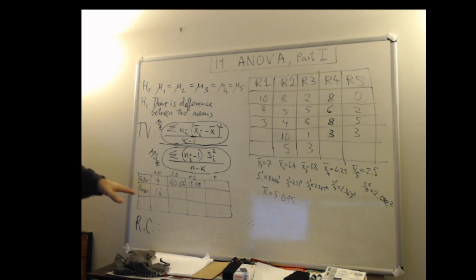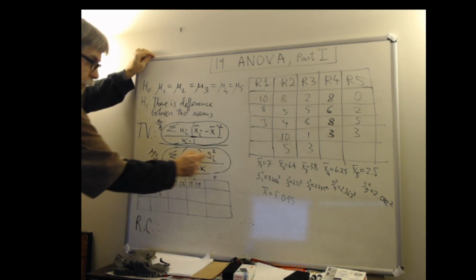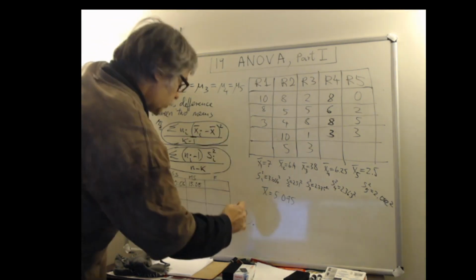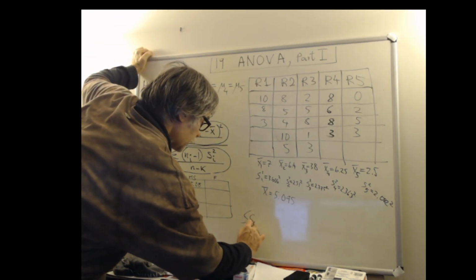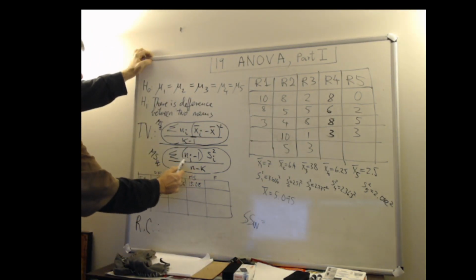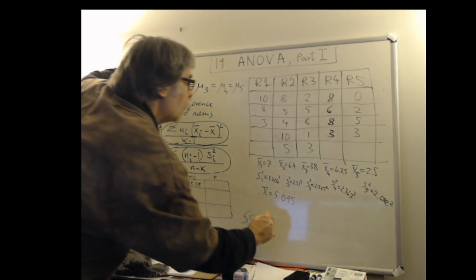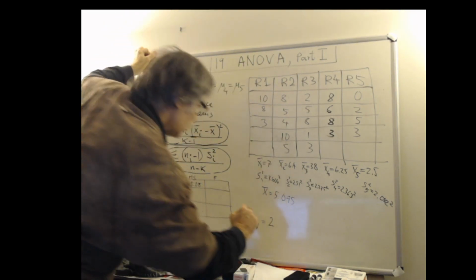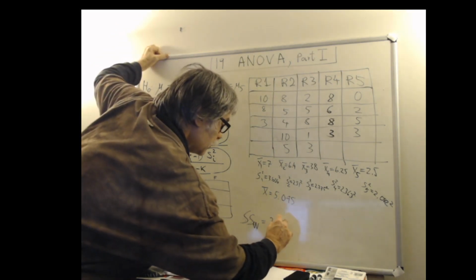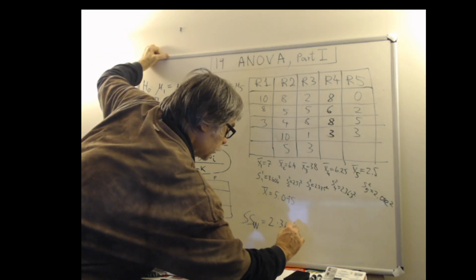Now I have to do the sum of squares within the groups, which means the numerator of the denominator. How does that go? The sum of squares within the groups is the degrees of freedom of the first group, 2, times the variance of the first group, 3.606 squared.